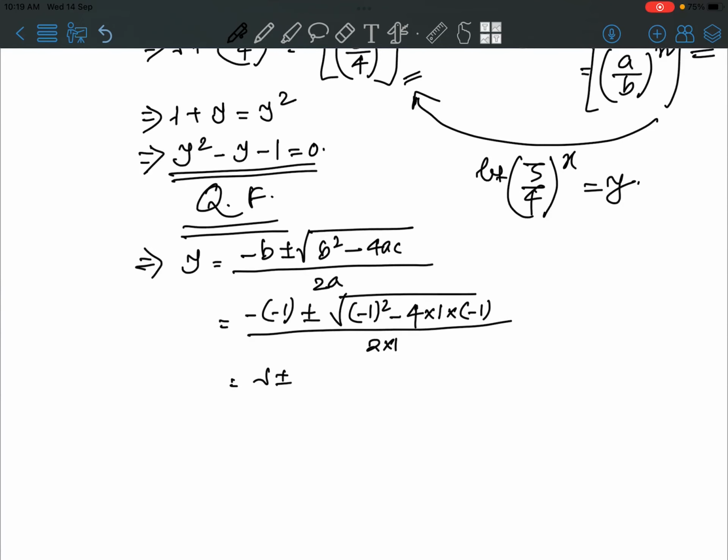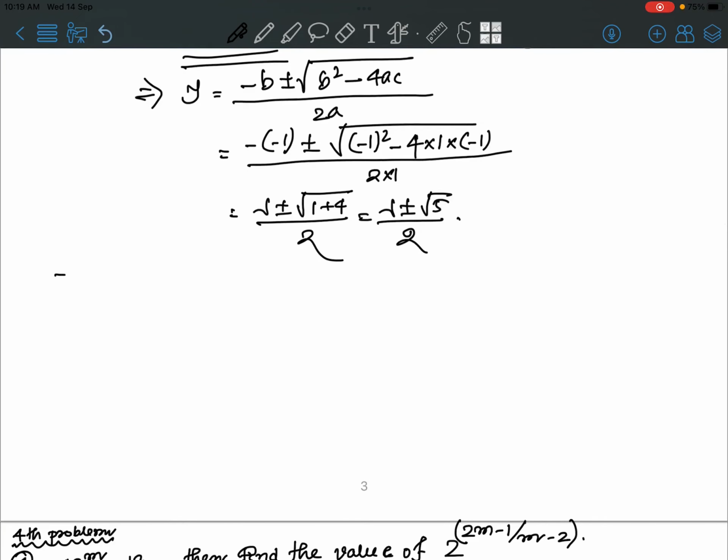Now 1 plus or minus root of 1 plus 4, divided by 2. Now 1 plus or minus root 5 divided by 2. Now y has two values. We can write y equals (1 plus root 5) divided by 2 and (1 minus root 5) divided by 2.